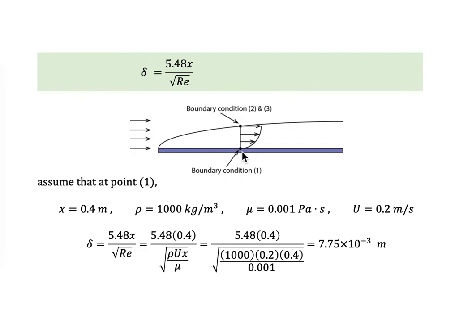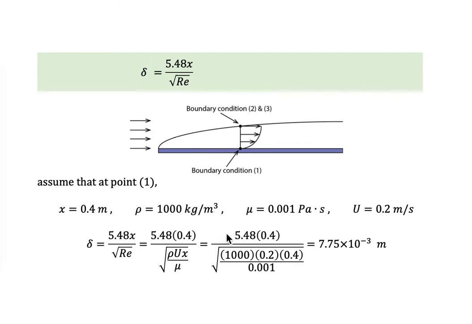Let's say the distance from the origin is 0.4 meter. We assume the fluid is water, so the density is 1000 kilogram per meter cube, the dynamic viscosity mu is 0.001 Pascal second, and the free stream velocity u is 0.2 meter per second.